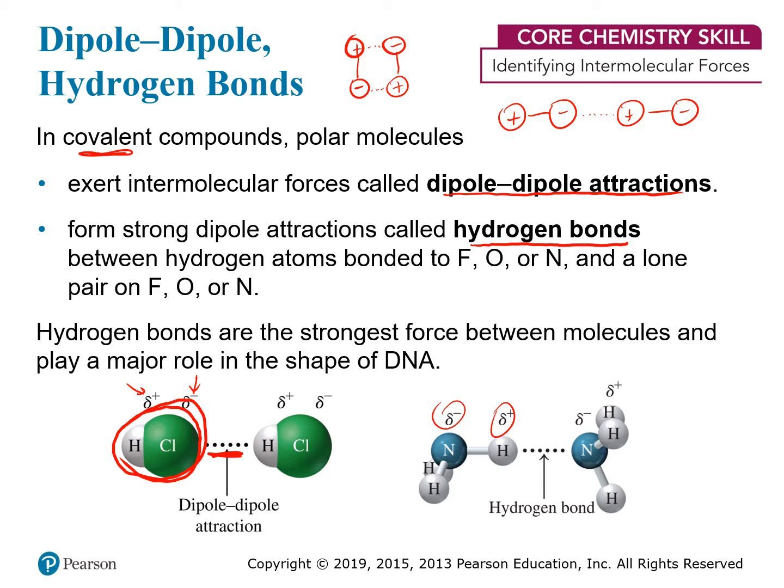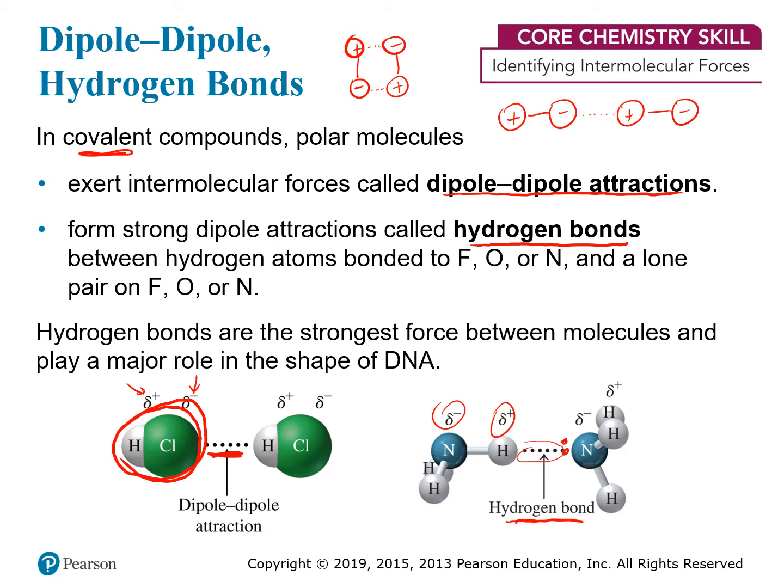Okay, so this is a polar molecule where one side has a positive hydrogen, I should say. And that hydrogen can be attracted to the partially negative charge on another copy of the molecule, and the nitrogen on another ammonia molecule. And so this interaction is particularly strong when you're talking about it being between a hydrogen atom and another molecule. And so this gets a special name called a hydrogen bond.